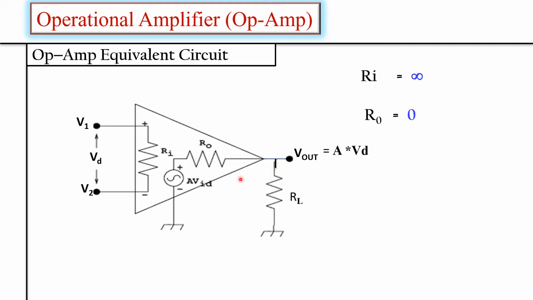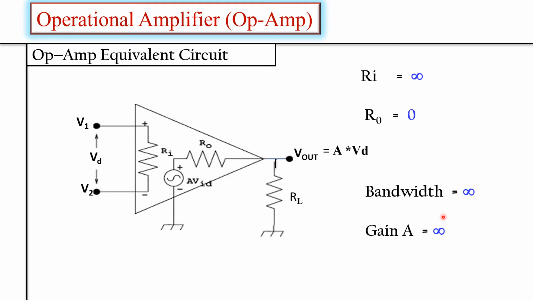There should be no drop across the output impedance of the op-amp. So the input impedance should be infinity and the output impedance should be 0. Is it clear? There should be no drop across the internal impedance of the op-amp. Those are the two characteristics: the input impedance should be infinite and the output impedance should be 0.